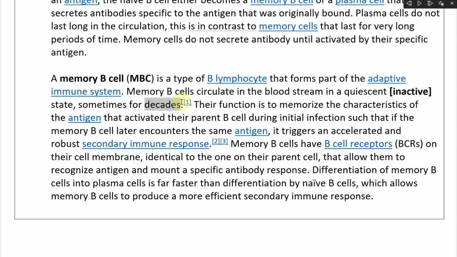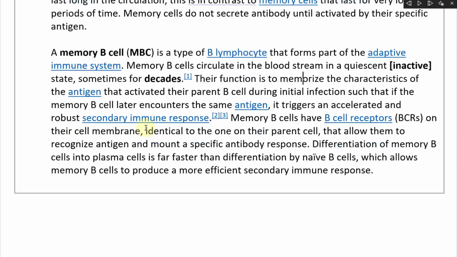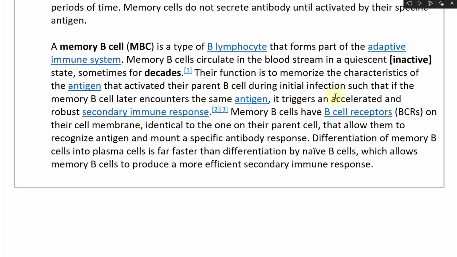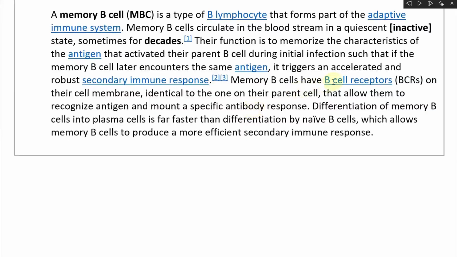Their function is to memorize the characteristics of the antigen that activated their parent B cell during initial infection, such that if the memory B cell later encounters the same antigen, it triggers an accelerated and robust secondary immune response. Memory B cells have B cell receptors, BCRs, on their cell membrane, identical to the one of their parent cell, that allow them to recognize antigen and mount a specific antibody response.